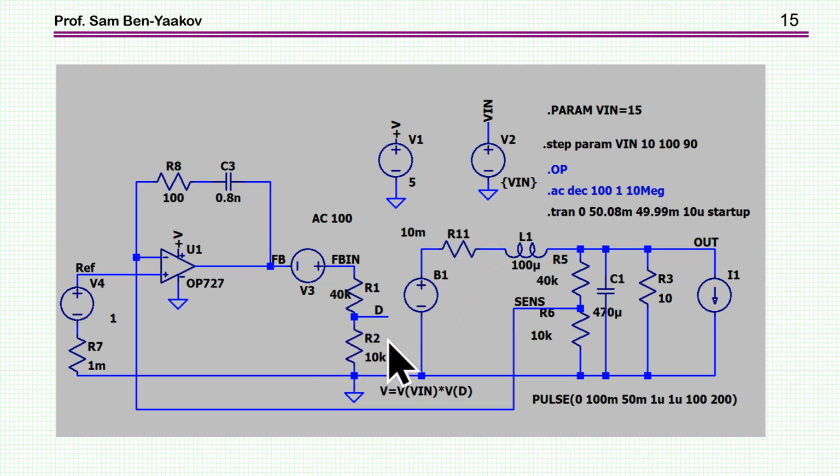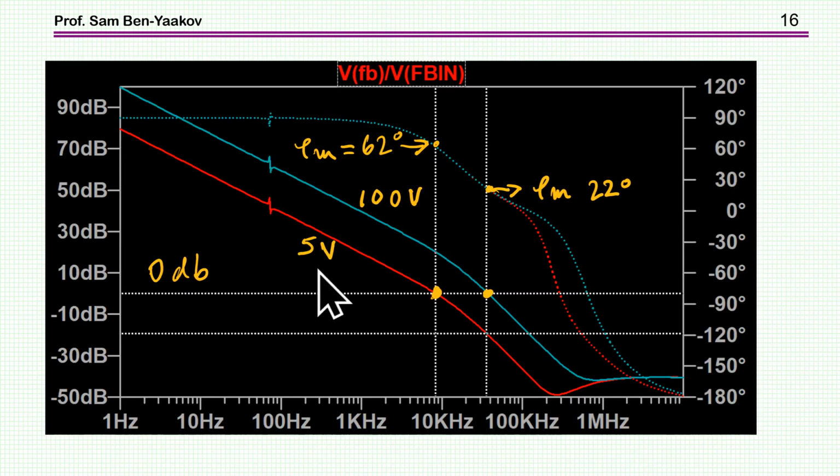Okay. Now, having this model, I can run, of course, an AC analysis and look at the loop gain, which is, of course, very convenient. So here it is. I'm showing two cases for this particular model, one with the 5 volt input voltage and one with 100 volt. So the 100 volt, of course, has a higher gain due to the reason that I've discussed.